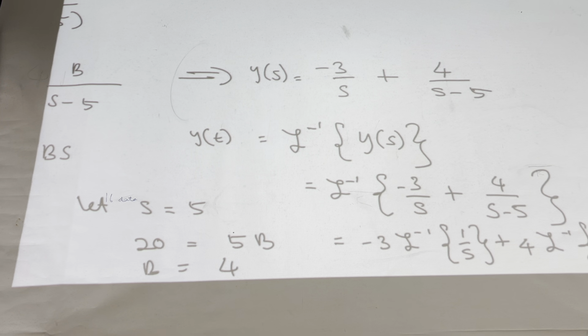So you have 1 over (s minus 5). So this answer y(t) equal to minus 3 times the inverse of 1 over s, which is 1. So minus 3 times 1 is equal to minus 3. Plus 4 times the inverse of 1 over (s minus 5), which is e to the power 5t. So this is our solution. This is our answer.